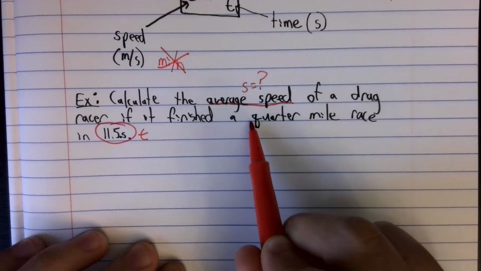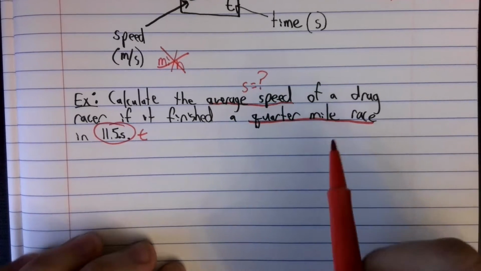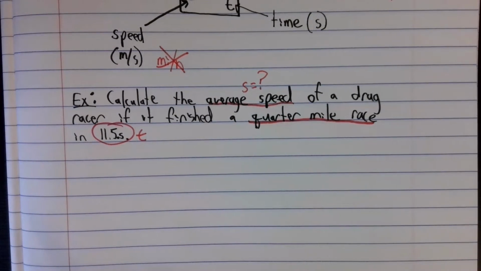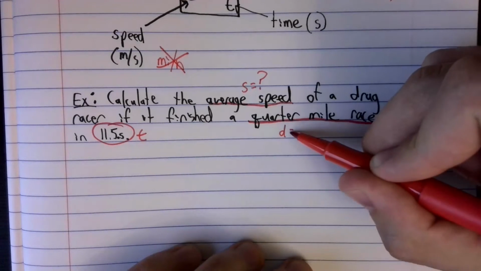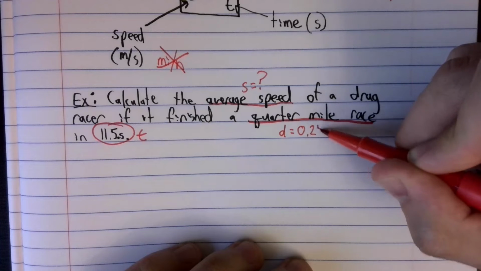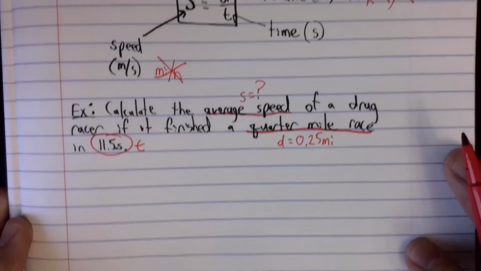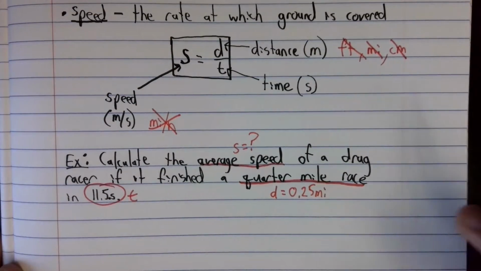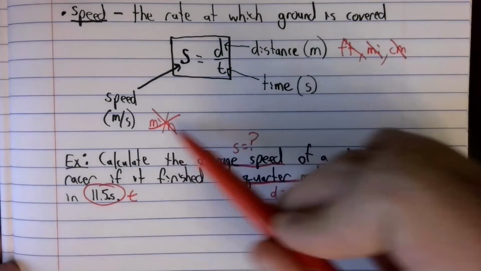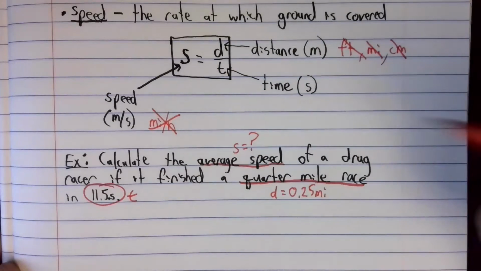Finally, right here we have quarter mile. That's a little less clear, but that is our distance. So D is 0.25 mi. Let's go look at the equation. Now you will have to memorize what units are proper, but at this point we're still taking notes.